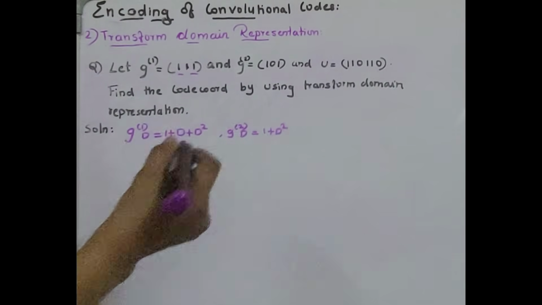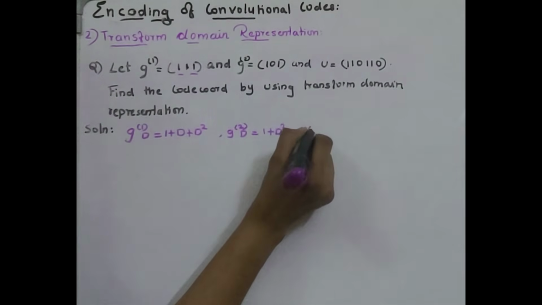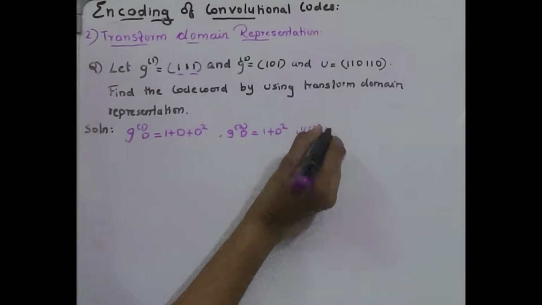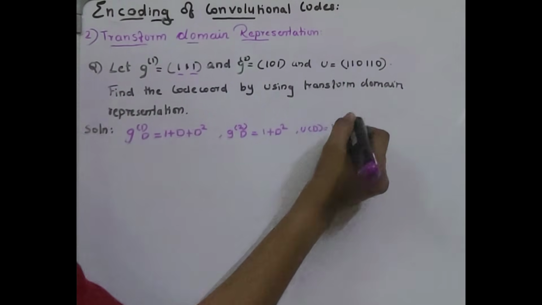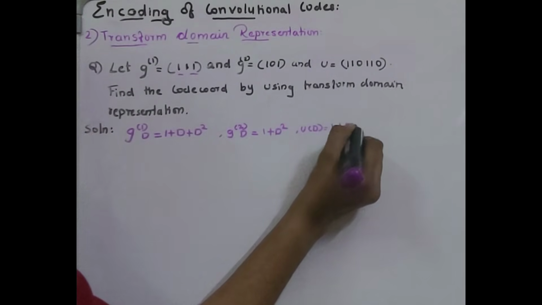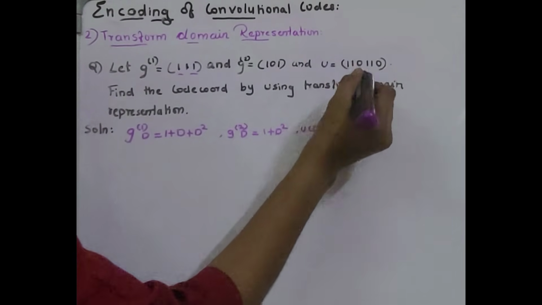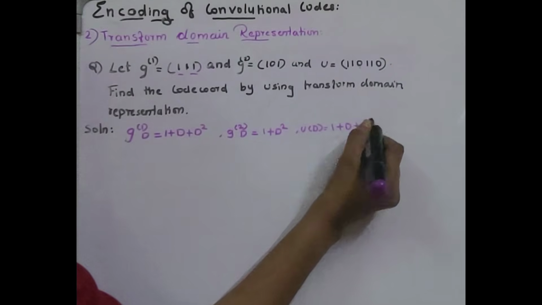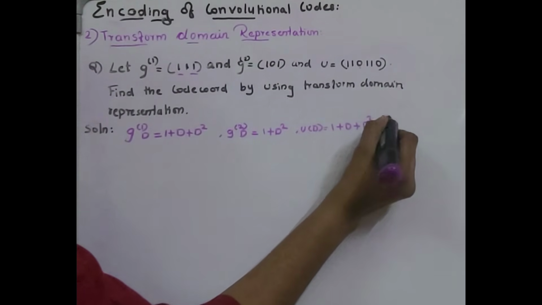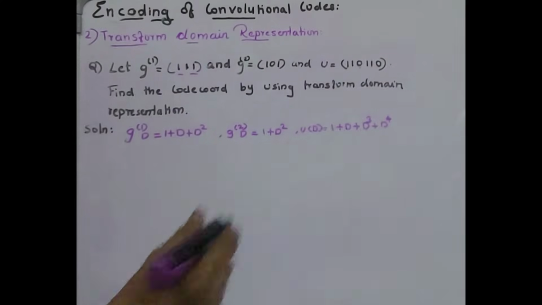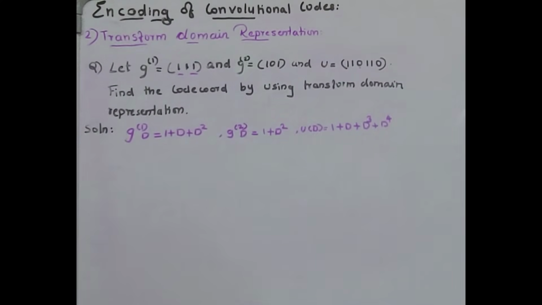Similarly, we can find the polynomial U(D) as the constant 1 plus D, the coefficient of D square is 0, then D cube plus D raised to 4, and D raised to 5 is 0. So U(D) can be written as 1 plus D plus D cube plus D raised to 4.